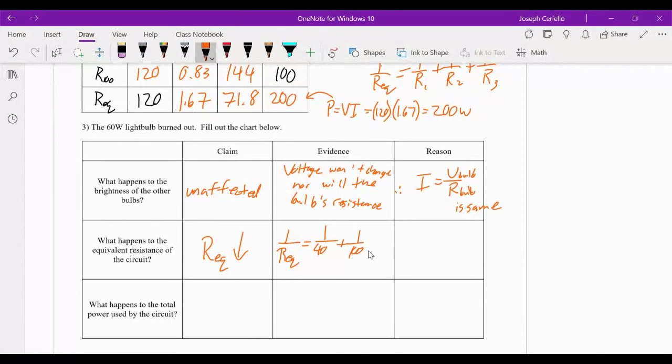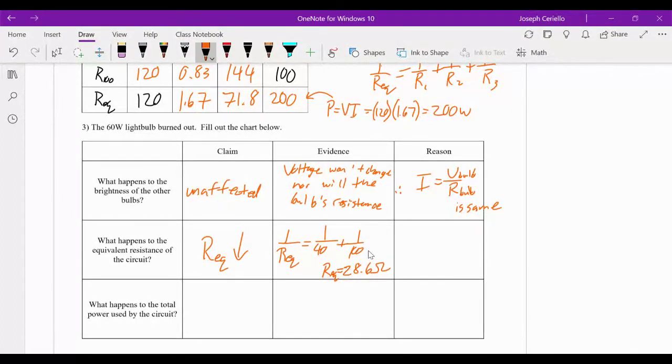Let's see what that comes out to be. So in this case, you end up getting an equivalent resistance of 28.6 ohms.